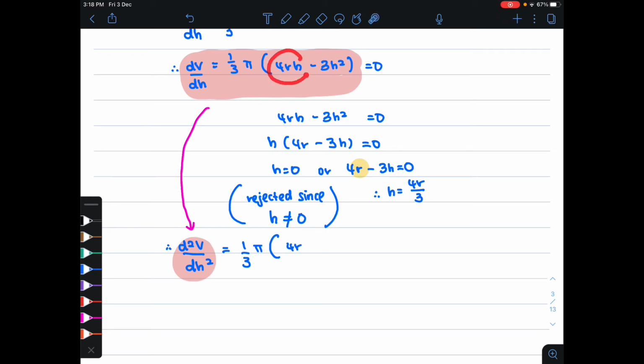So, if you differentiate 4RH, it becomes 4R only. Okay? And then differentiate negative 3H square, you will get negative 6H.